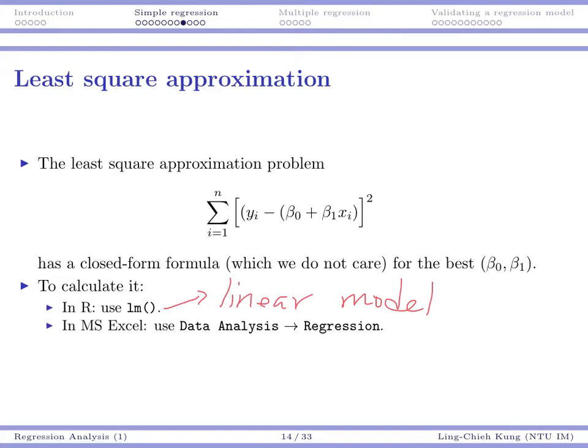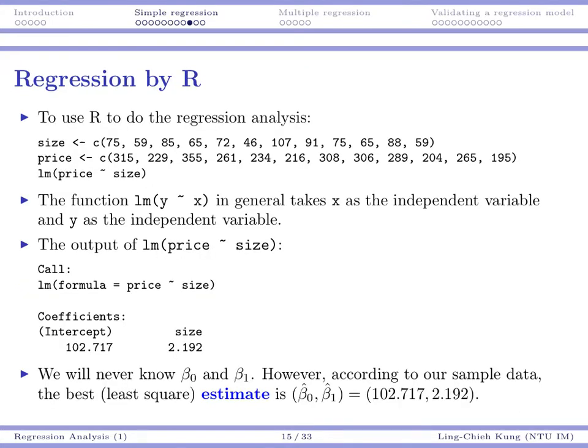So don't worry. Below, let me do some demonstrations. Suppose I want to use R. Then I only need to write down 3 lines of code. First, store those values into a variable size. Then store those values into price. Now I have the 2 variables with values.